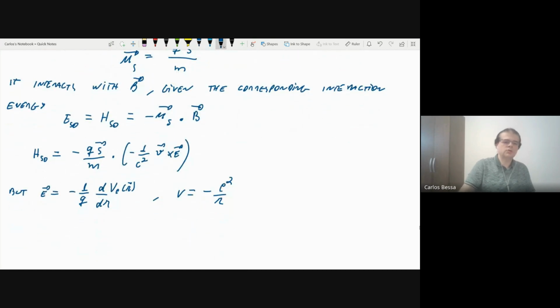So if I use this E here, I will have the Coulombian potential, right?